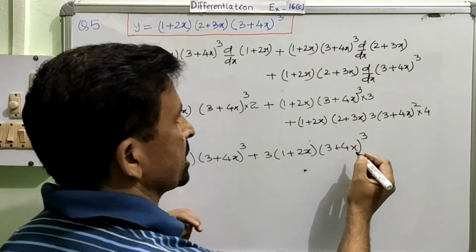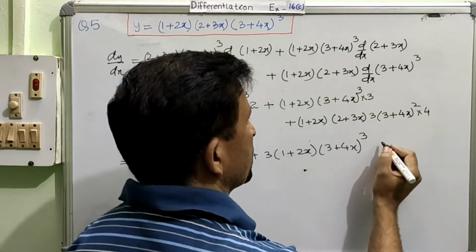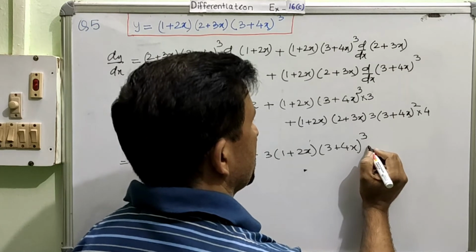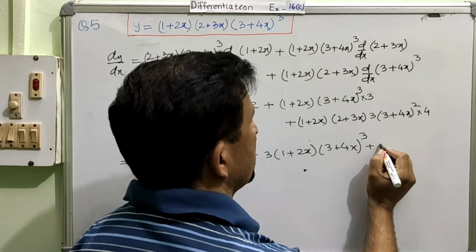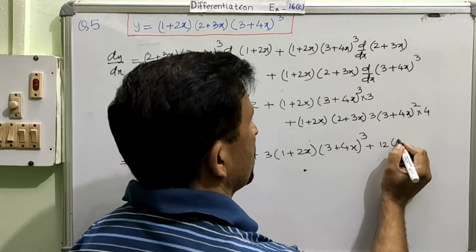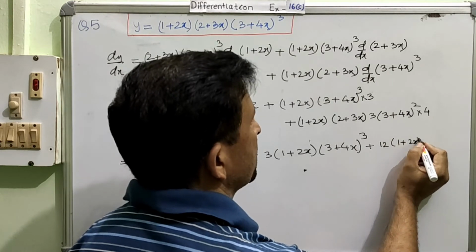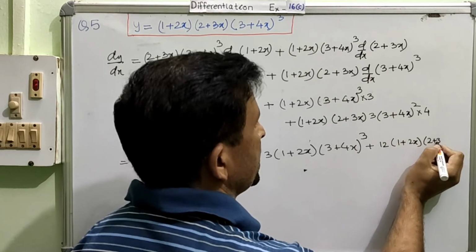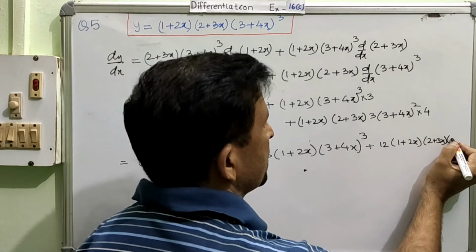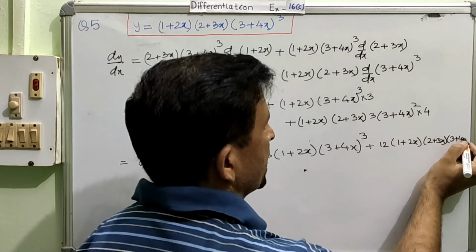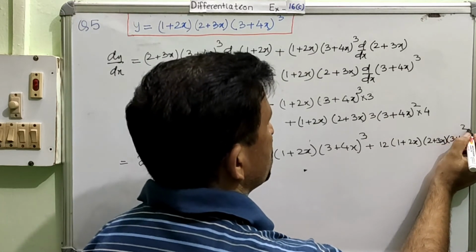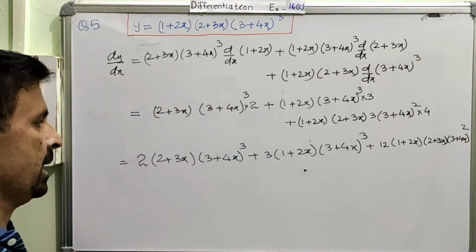And from here you will get 3 into 2, 3 into 4, 12. So this is plus 12, 1 plus 2x, 2 plus 3x, and then last is 3 plus 4x whole to the power 2. This is your final answer.